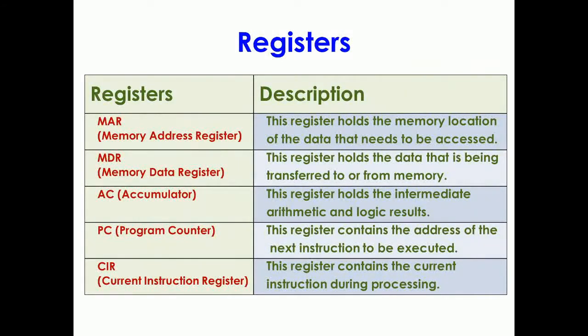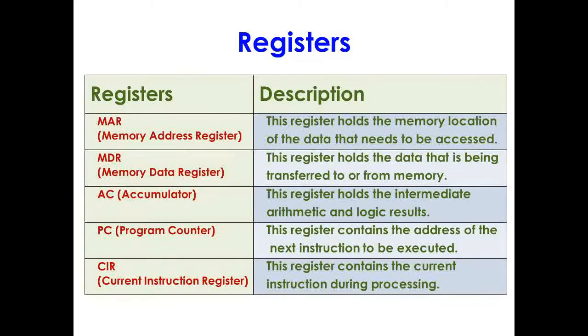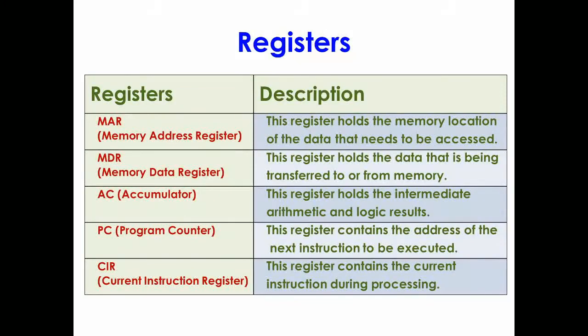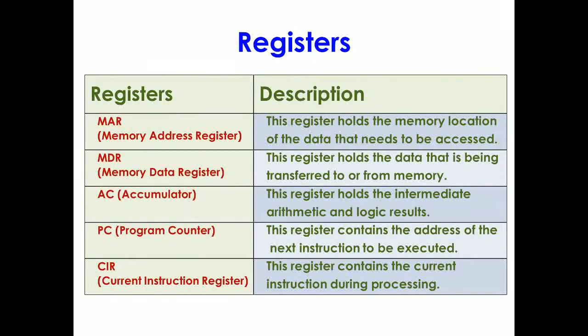Memory data register. This register holds the data that is being transferred. So the first register will hold the location of the data, but this register is used to store the data that you want to transfer to or from memory.